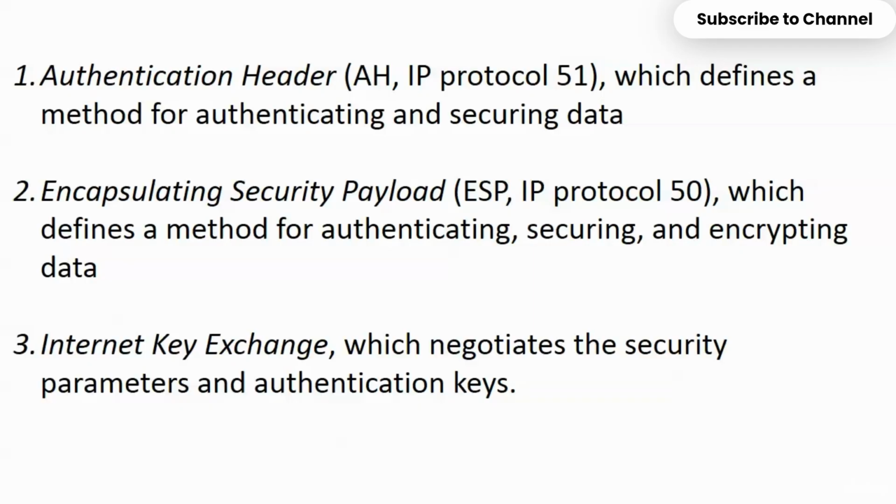But I think there's a word missing from there. Now, authentication header, as we'll see, I've got some visuals coming up for you, but AH is literally a header. There's no encapsulating going on, which brings us to, clever segue, the encapsulating security payload, ESP, IP Protocol 50. Now, this defines a method for authenticating, securing, and encrypting data.